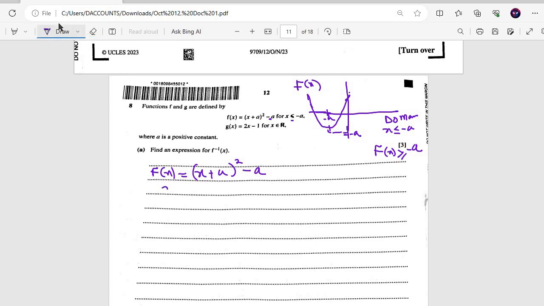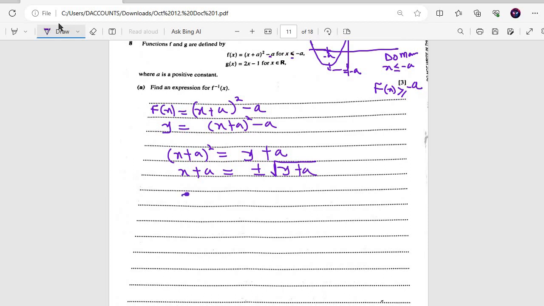So you put f of x as y: x plus a all squared minus a, which gives x plus a all squared equal to y plus a. So x plus a equals plus or minus square root of y plus a.